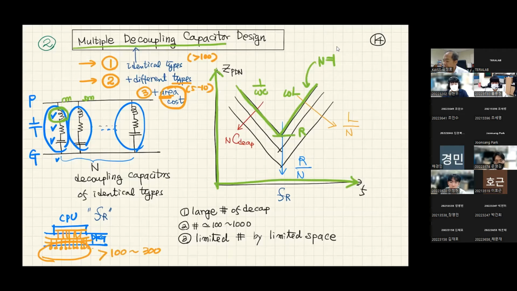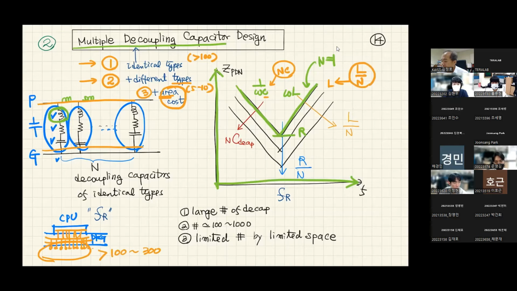If we put 100 of them, C is replaced by NC, and L is replaced by L over N. Because this is a parallel connection, in circuit theory, capacitance will be added and inductance will be divided by N. So capacitance will be increased by N times, and inductance will be decreased by N times.